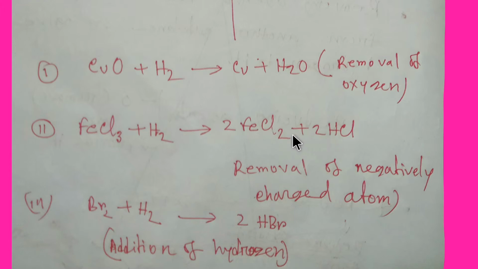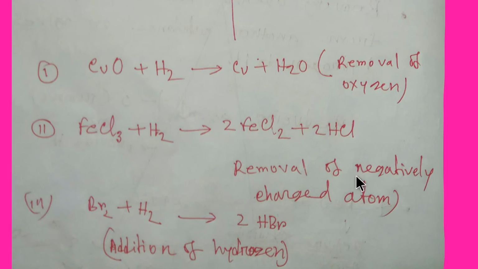hydrochloric acid. Here the oxidation state, what is the oxidation state and how we can write the formula of ferrous chloride and ferric chloride, we'll learn it later, so keep patient. I will make a consecutive video that will help you understand it.